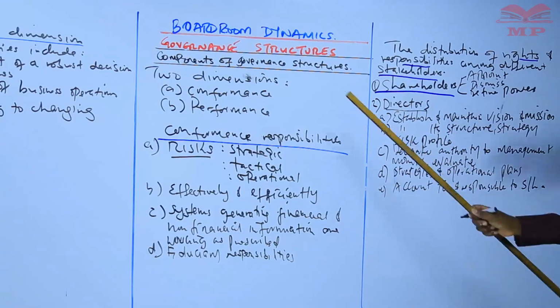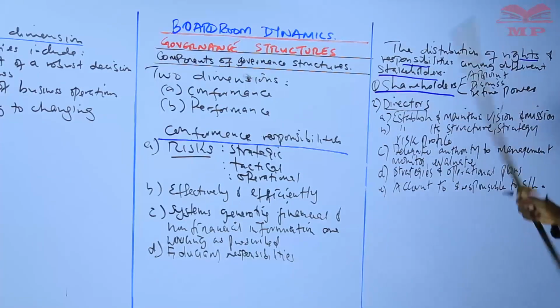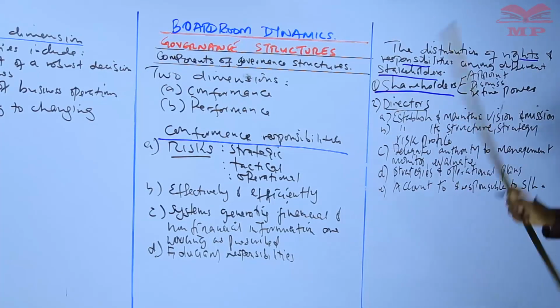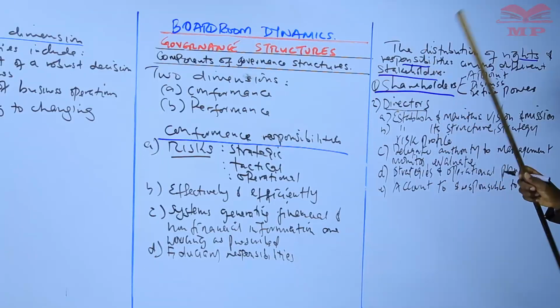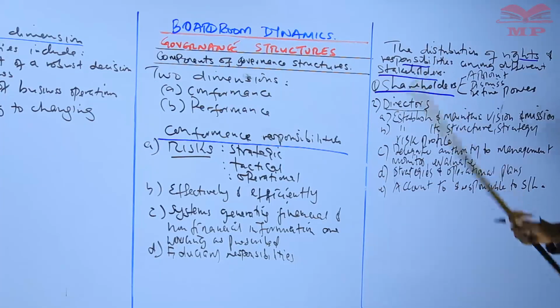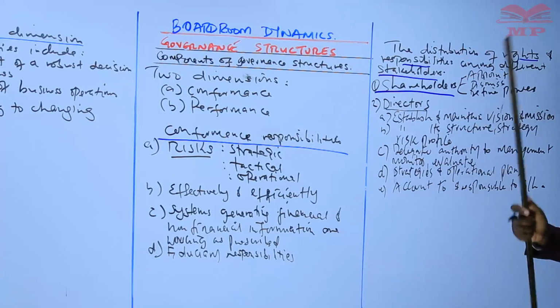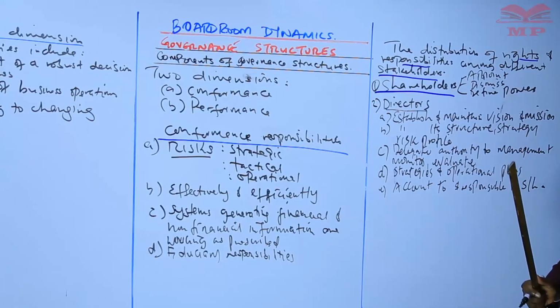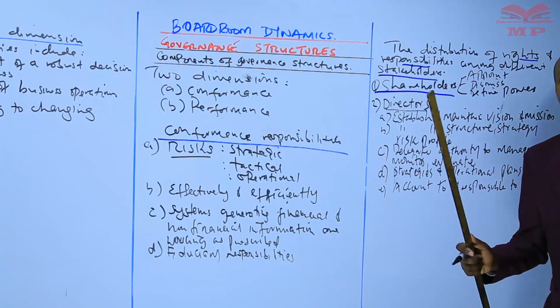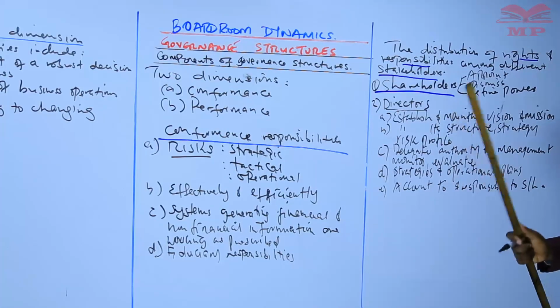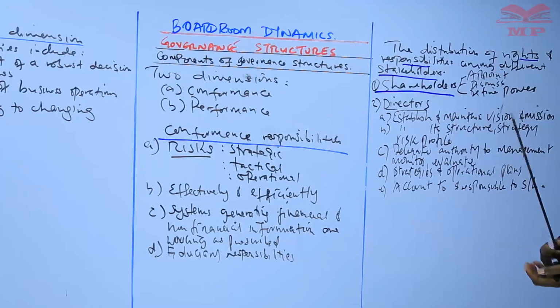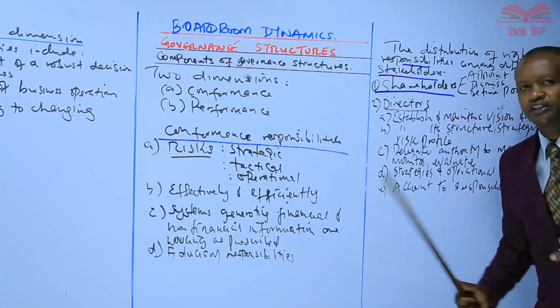We've also said here that a governance framework also spells out the rules and procedures for decision making in corporate affairs. So the governance framework will also establish the board's specific responsibilities.